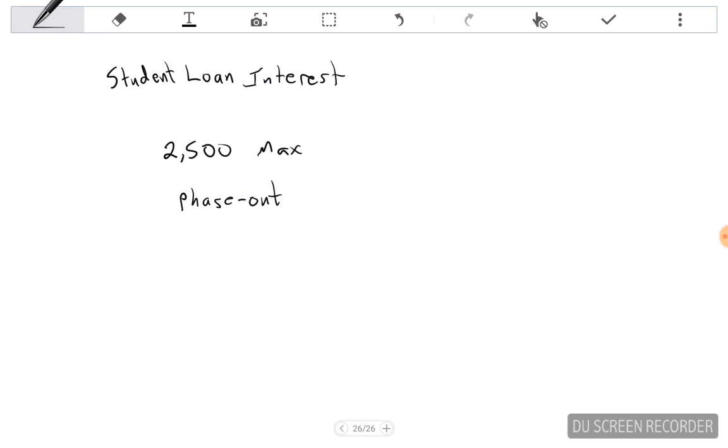So, let's talk about this real quick. There's a thing on the discussion board I responded to, but for instance, let's say that we had scholarships, and then we had student loans. And let's say the scholarships were $2,000.